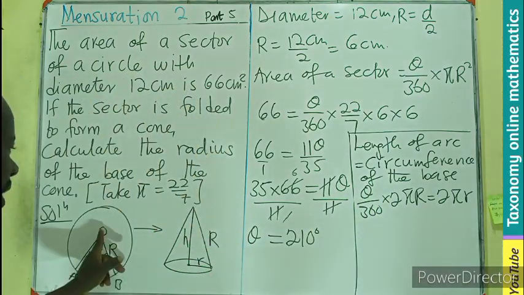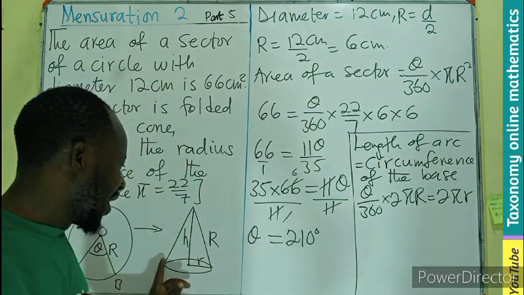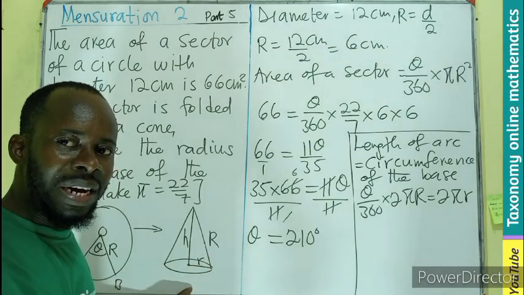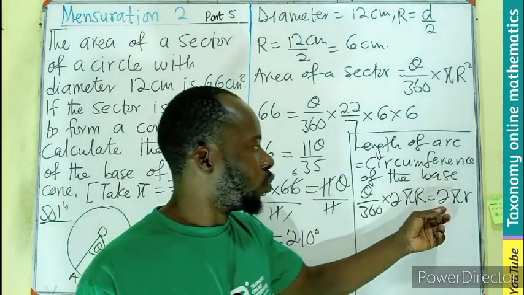So the circle is having a radius of capital R. That will be the same as the circumference around the base, which is the circumference of a circle, 2 pi r.